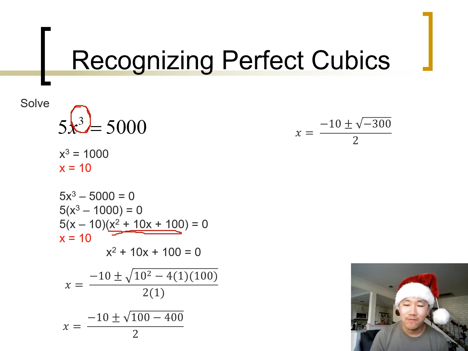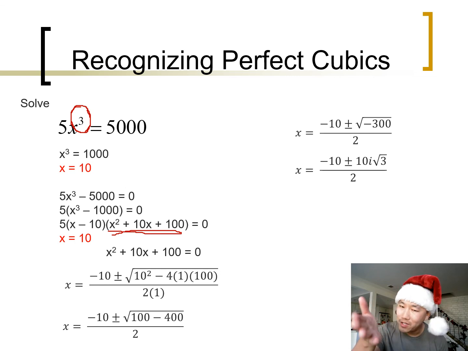Notice there's a negative 300 in the square root, which probably means we're going to have imaginary answers. Simplify that. And there is our imaginary i that we were expecting. And again, you got the 10, and the 2. If they all reduce, go ahead and reduce all of them.